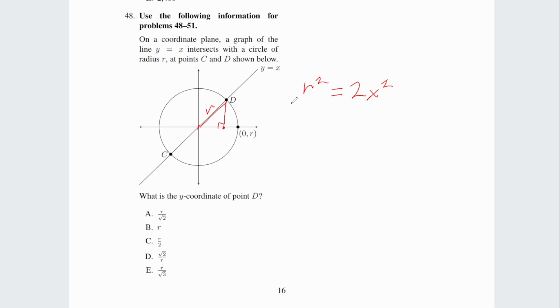So r squared over 2 is going to equal x squared. Now we just take the square root of both sides and find that x equals r over the square root of 2. This is the square root of a fraction. If we multiply this by itself, r squared for the numerator and 2 for the denominator. So r, my r's look very much like my square root signs, r over the square root of 2, which is answer choice A.